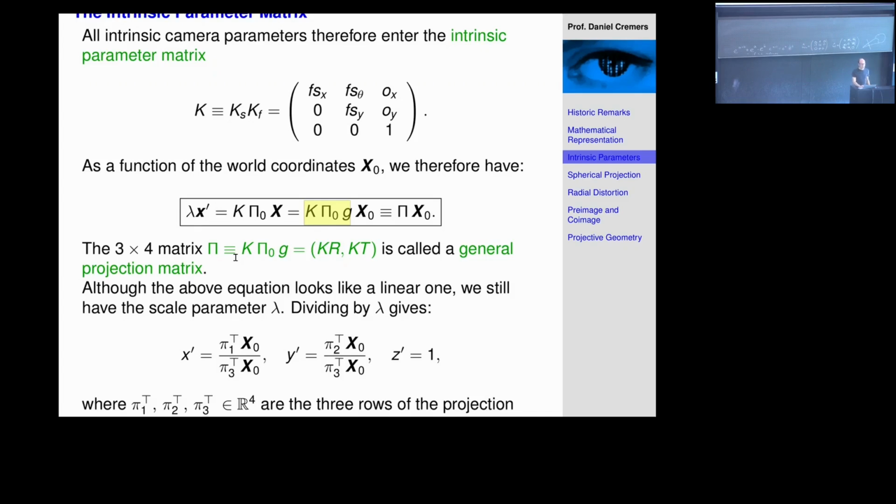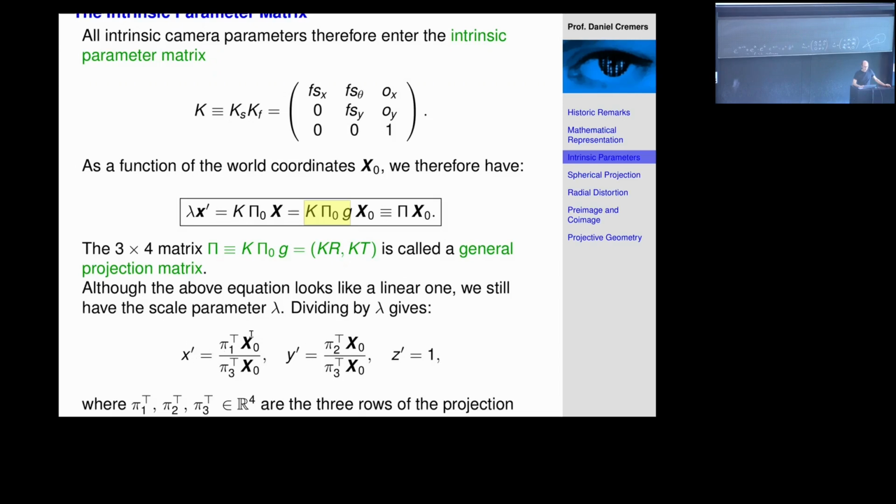But again, keep in mind, although this equation looks linear, it's not, right? We have this scale parameter lambda that is really the z component, and if we divide by this z component, then the projection looks like that.